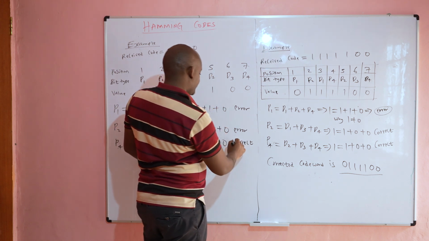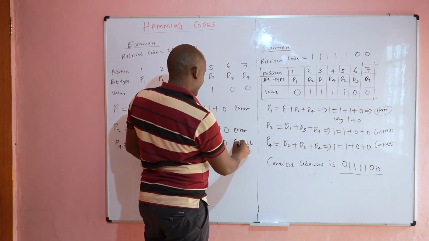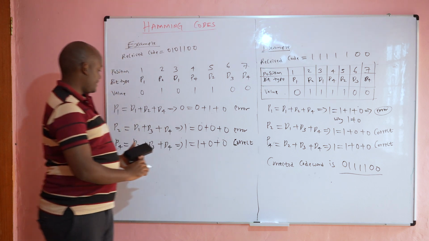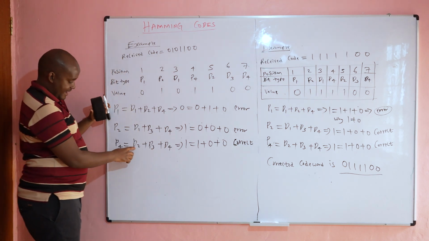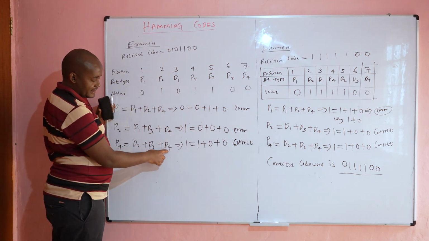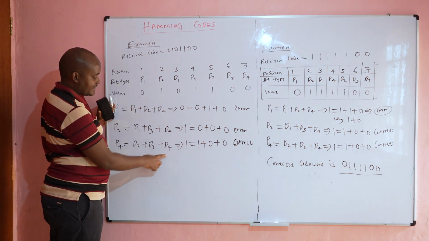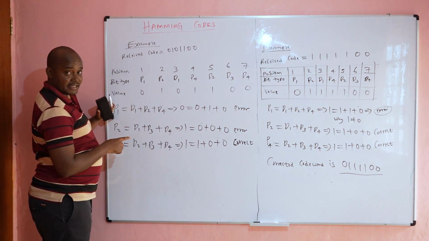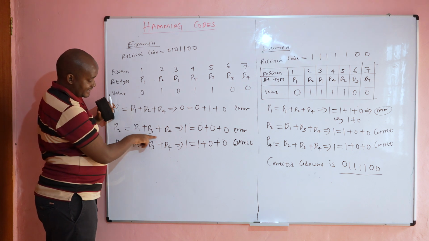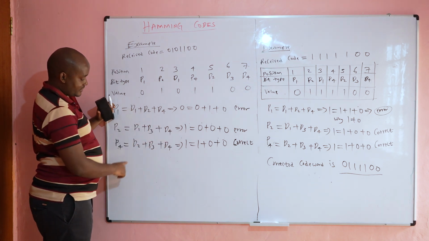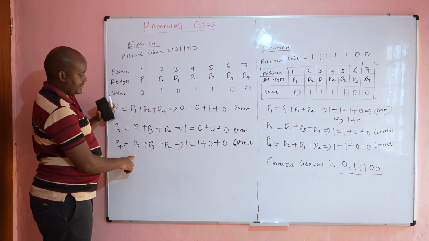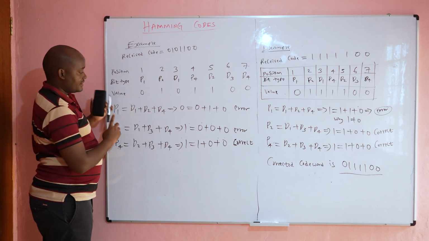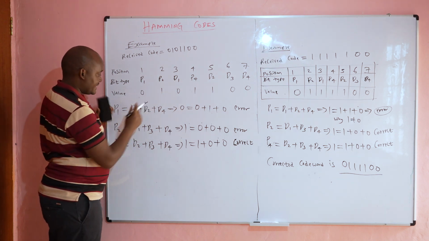So in this case we do some comparison here and there. We have D2 plus D3 plus D4, and they are giving us the correct result. So it will also be correct in this one and in this one. If it is correct here, there is no way it will be wrong here. So this D2 is correct.